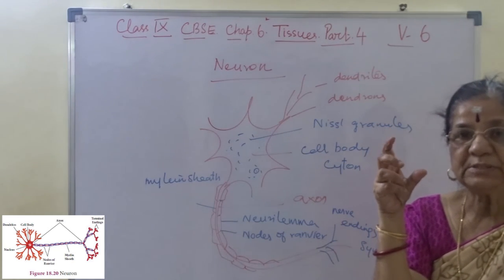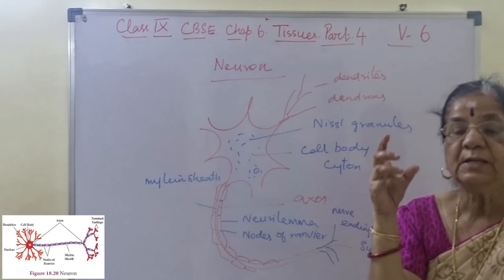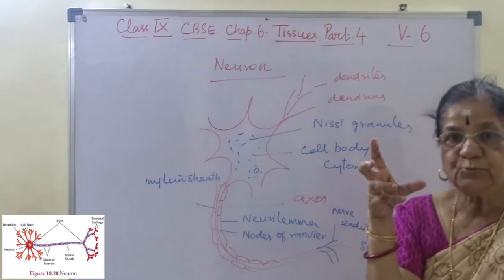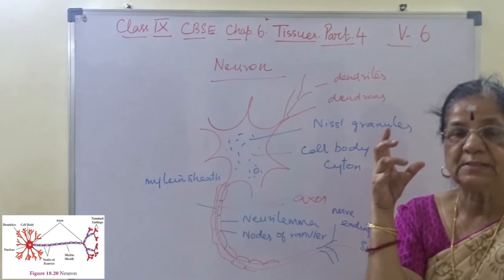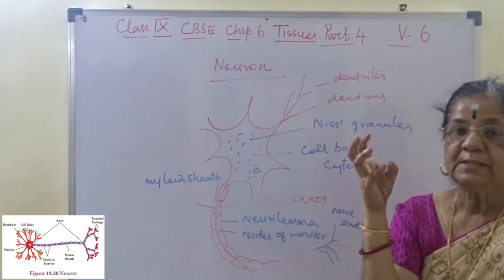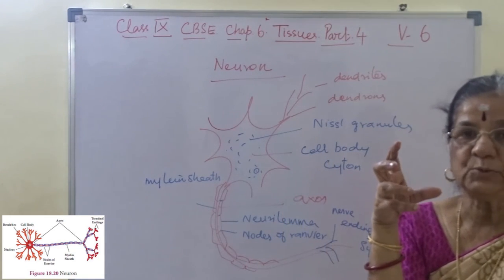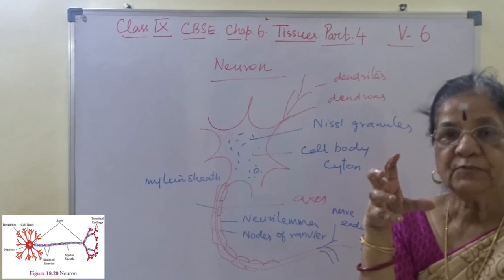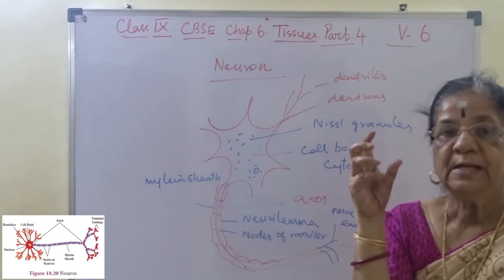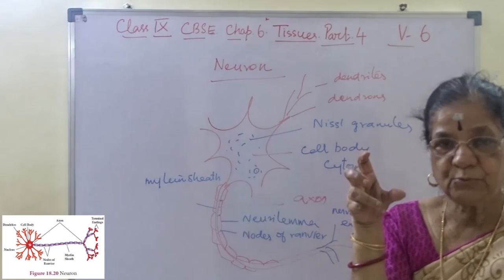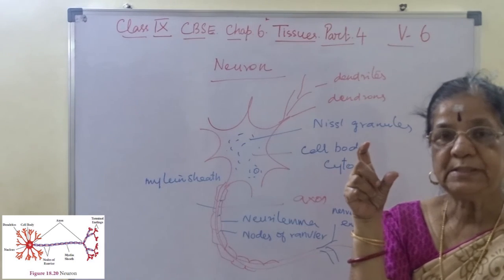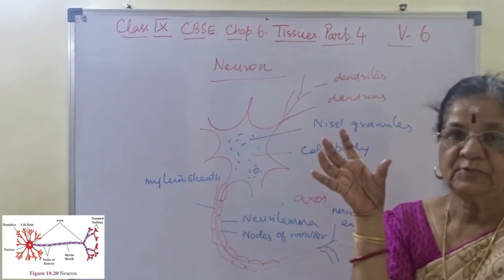And that synaptic region will have endings of muscle fibers, myofibrils, and blood capillaries as arterioles and venules.